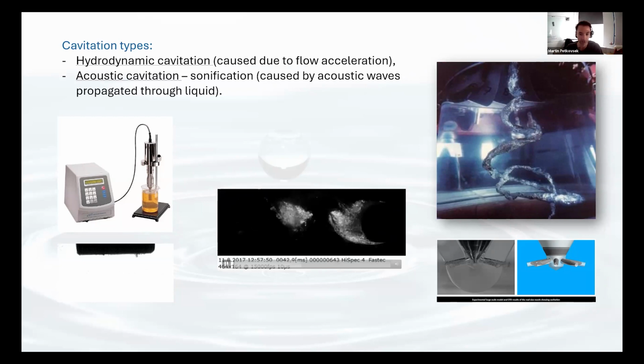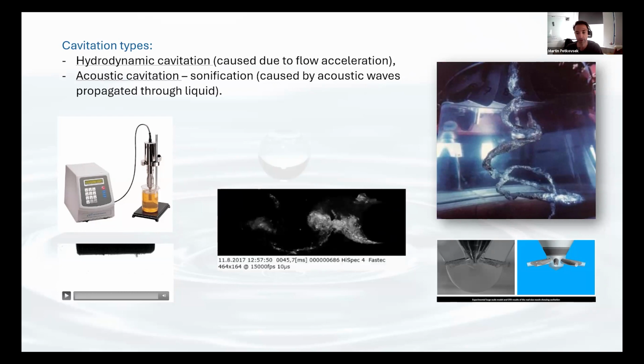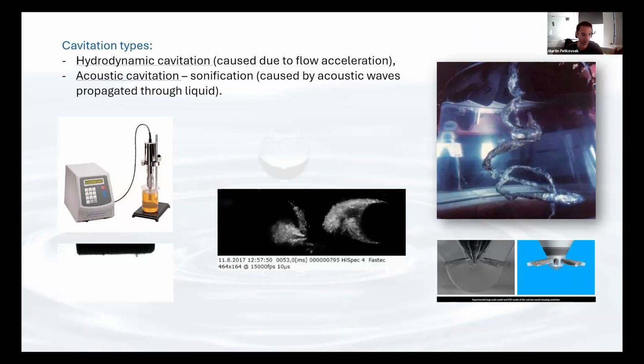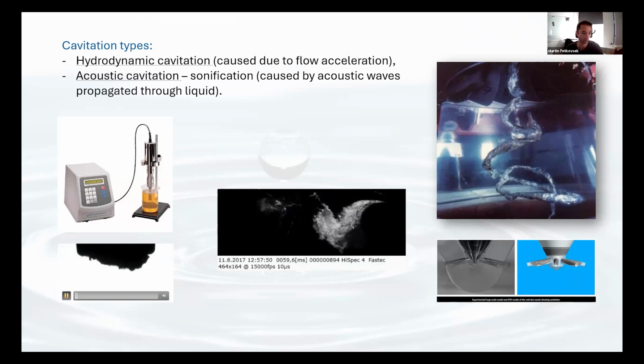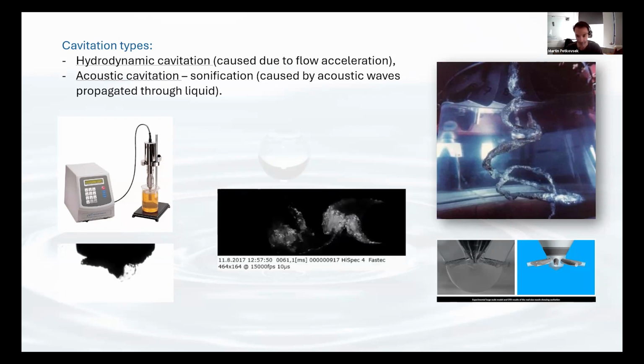Another type of cavitation is acoustic cavitation, where local pressure drop is generated due to acoustic waves propagated through the liquid. For example, one of the most commonly used acoustic devices is an ultrasonic homogenizer, like this on the image on the left. And what happens under the tip of this ultrasonic horn, we can see on the bottom left video.